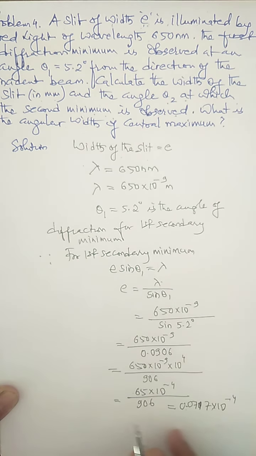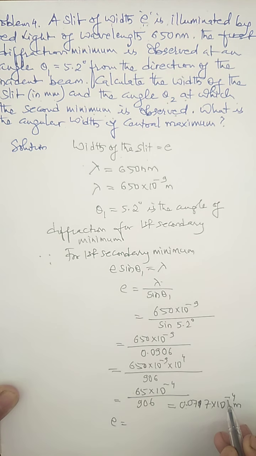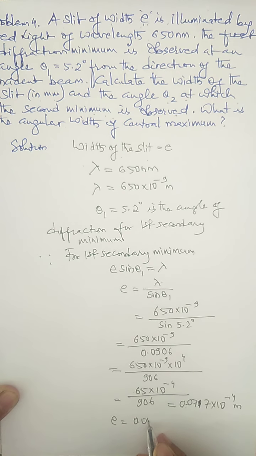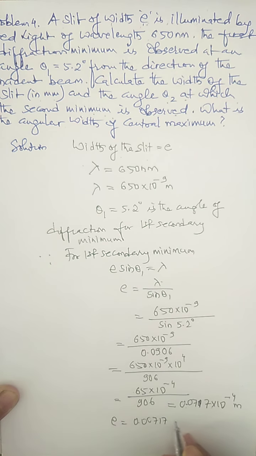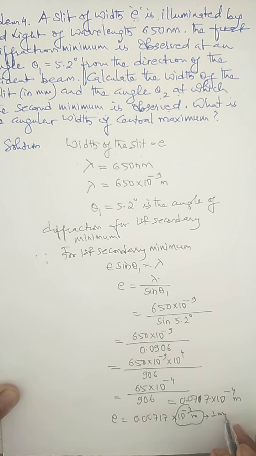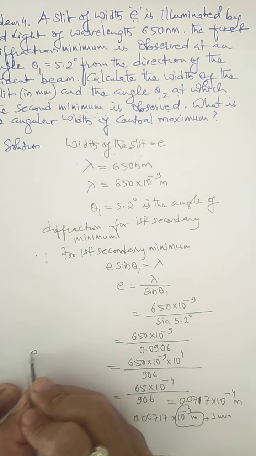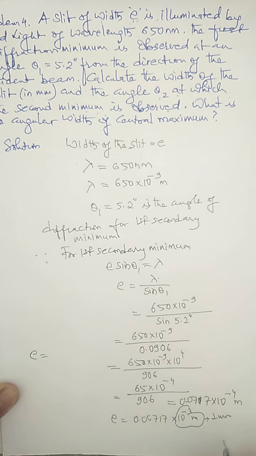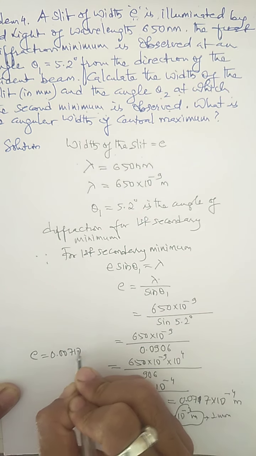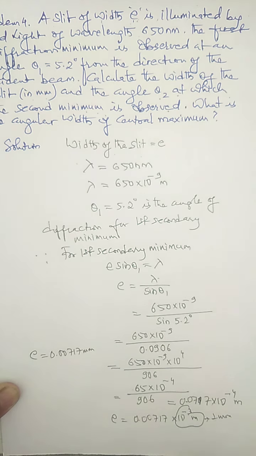Now if I calculate this value E in millimeter, this is in meter, so the power should be 10 to the minus 3. So I write 0.717 into 10 to the minus 3 meter, and you know 10 to the minus 3 meter means 1 millimeter. So E, if you write the answer in millimeter, will be 0.0717 millimeter. But we calculate this value in meter only.